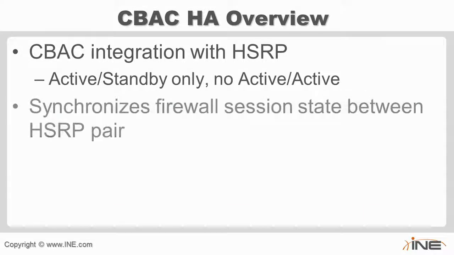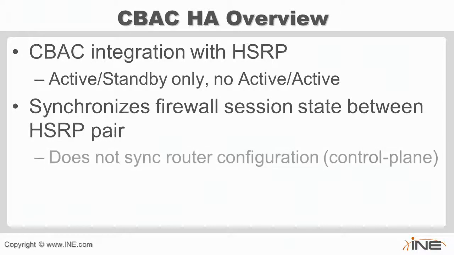Essentially what CBAC HA does is synchronize the firewall sessions between the HSRP pair. One of the real key important points is that it does not synchronize the router's configuration. Anything related to the control plane is not synchronized between the two of them.